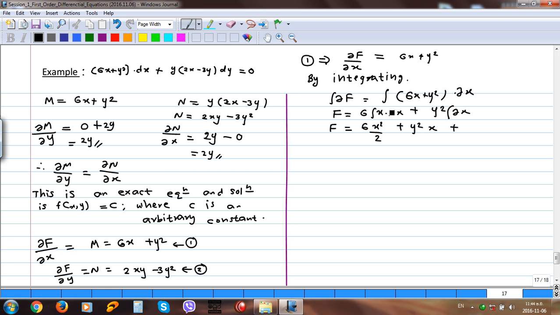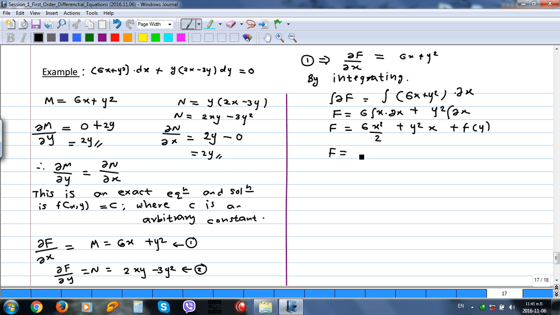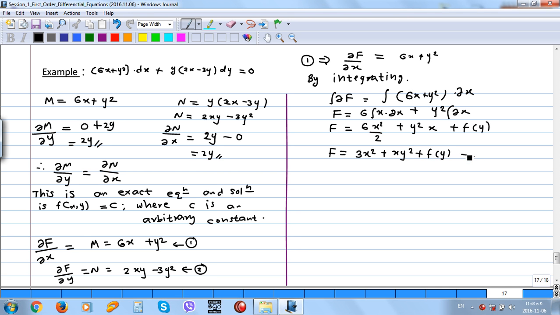That constant is a function of y, so we write f(y). Simplifying further, f = 3x² + xy² + f(y). This is the third equation. Here f(y) is a constant with respect to x, and it is a function of y.